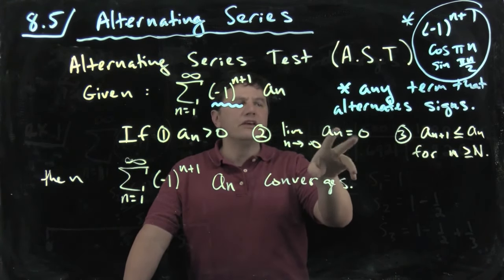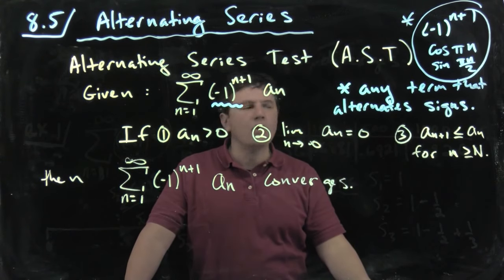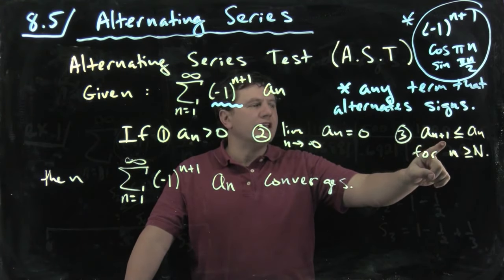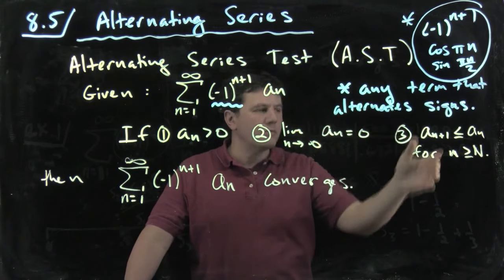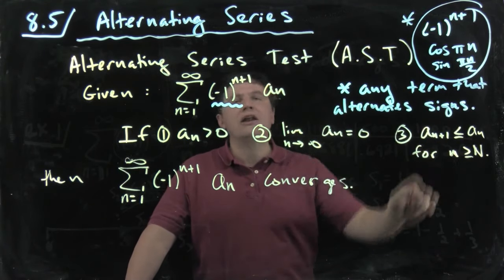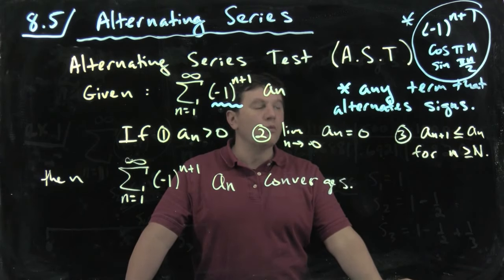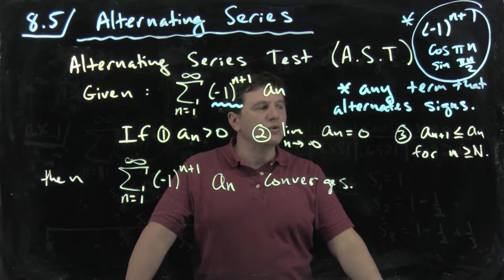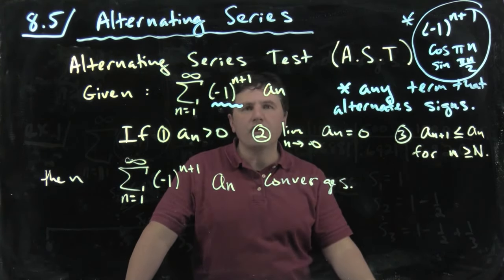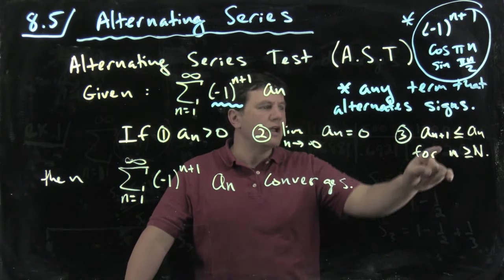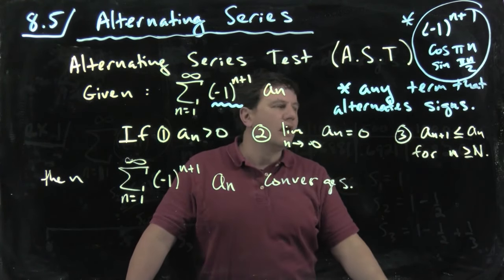And then usually if this is true, this is going to follow, not always, but basically each new term has to be less than the one previous. This is what's called monotonic. If you think of it in terms of functions, we're just talking about a function that's strictly decreasing, right? Each new term is less than the one previous.